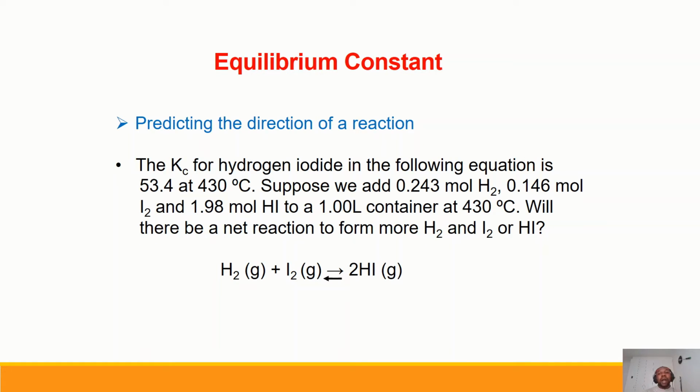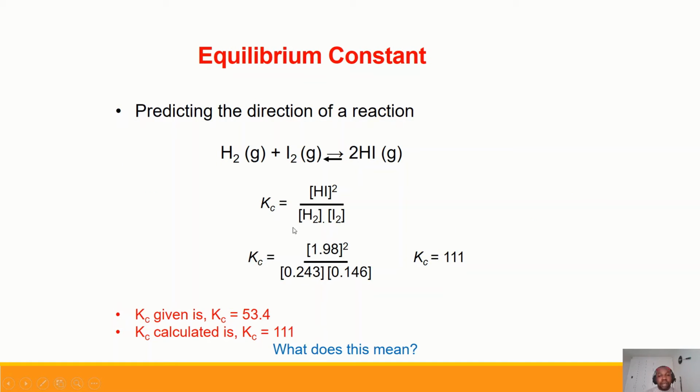And again, we can also predict the direction of a reaction from Kc. So for example, we are given this, and from it they said that the Kc is 53.4. So let's write the expression for Kc first. The expression for Kc is going to be the product raised to power 2, and then the reactant.